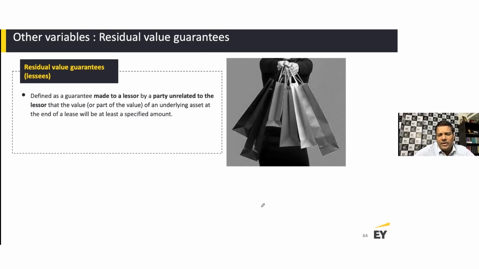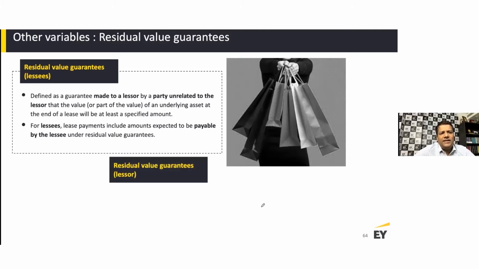So let's try and look at this. It's defined as a guarantee made to a lessor by a party unrelated to the lessor that the value of an underlying asset at the end of a lease will be at least a specified amount. For lessees, lease payments include amounts expected to be payable by the lessee under the residual value guarantee.